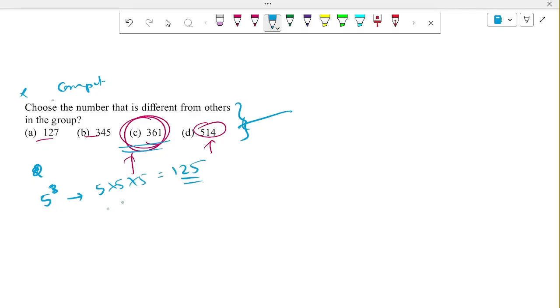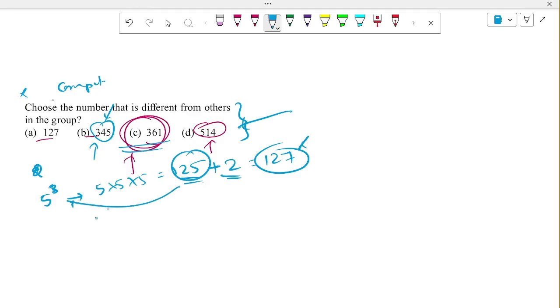Yes, it is 5 into 5 into 5 is equal to 125. Right. This is 125 plus 2 is equal to 127. And then can you tell me this number in this format? This number is plus 2 cube of which number? Like this. 8 cube.